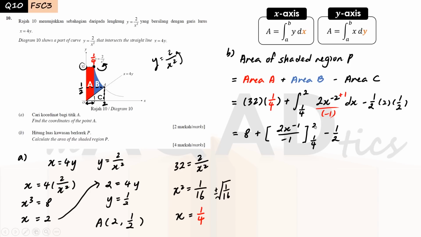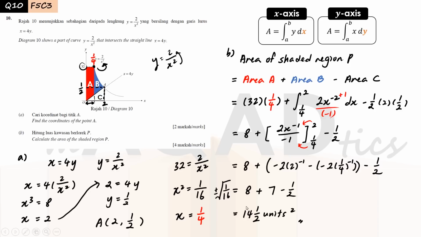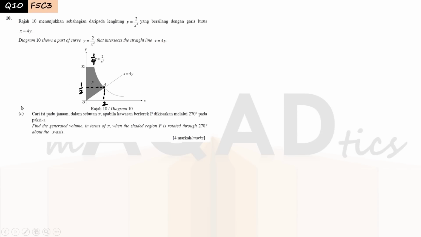Now I'm going to substitute the two values into this bracket and find out the difference. So once we put this into the calculator, you will get the final result, which is 14 and 1 over 2 units squared.